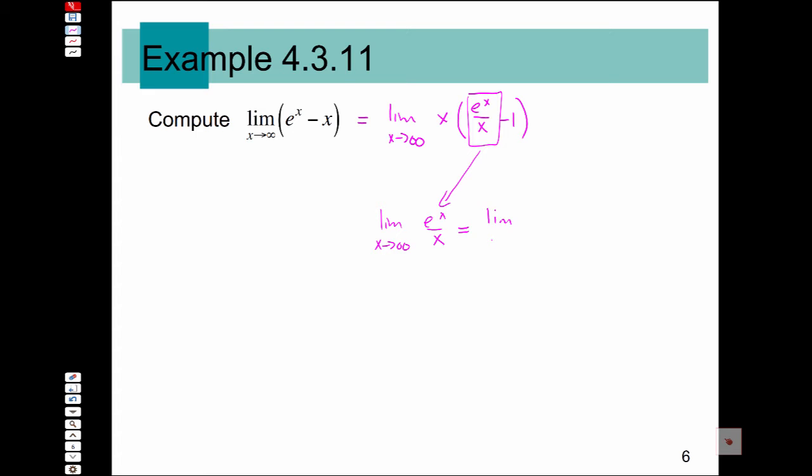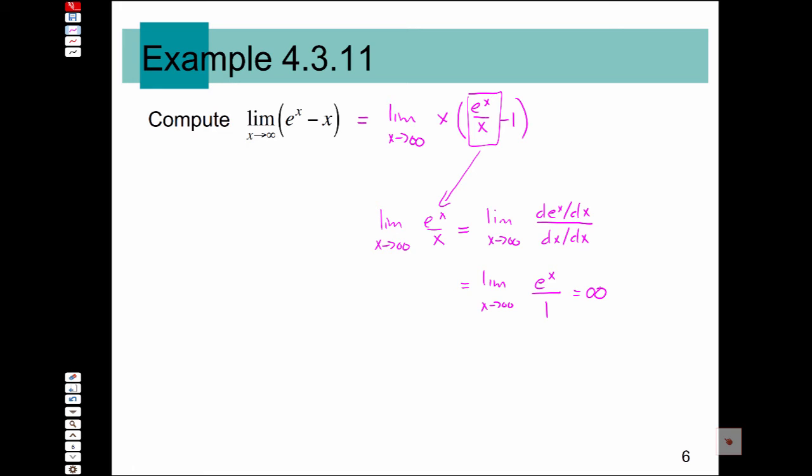We have the limit as x goes to infinity of the derivative of e to the x with respect to x over the derivative of x with respect to x. The derivative of e to the x with respect to x is just e to the x, and the derivative of x with respect to x is 1. So the limit as x goes to infinity of e to the x over x is equal to the limit as x goes to infinity of e to the x, and that's infinity.